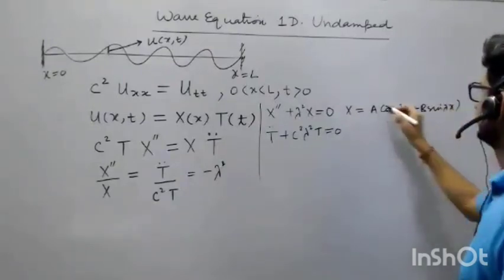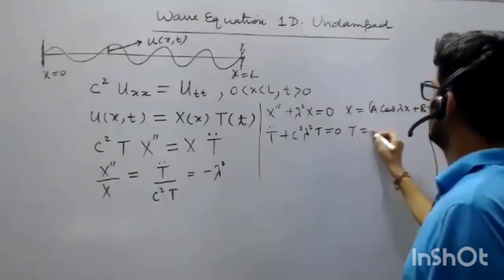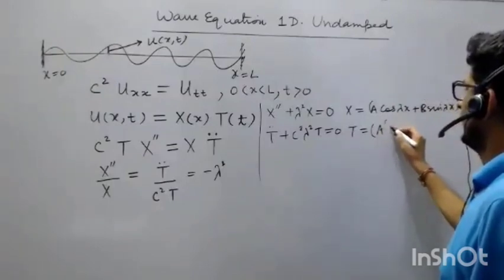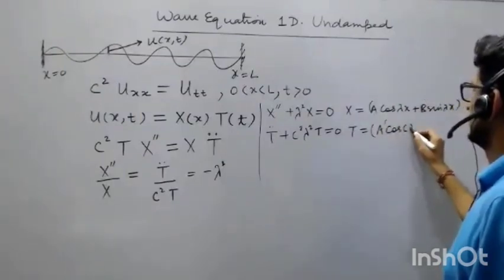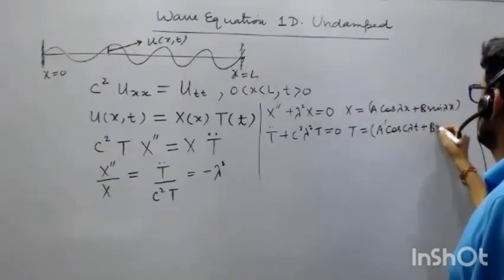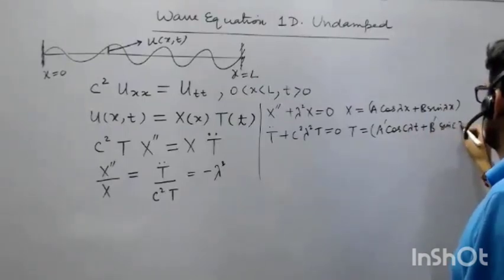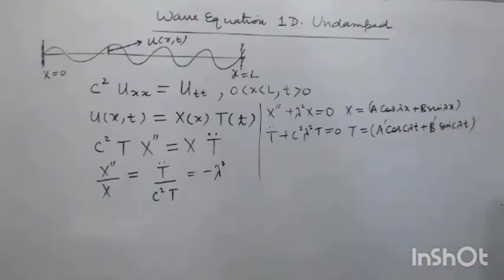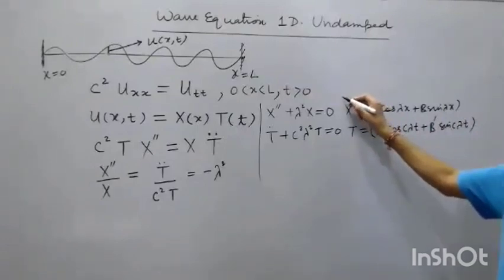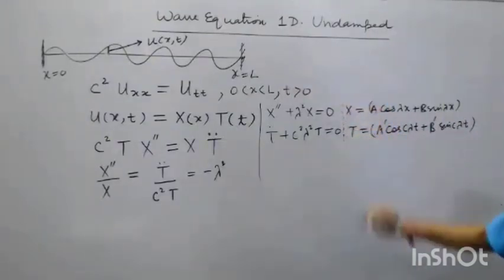Correct? And what about t? A dash cos c lambda t plus b dash sin c lambda t. This is the solution. Correct?